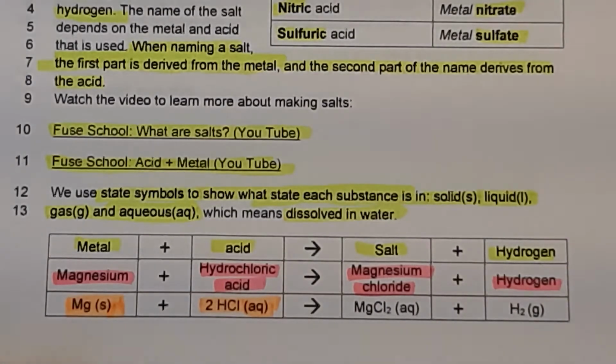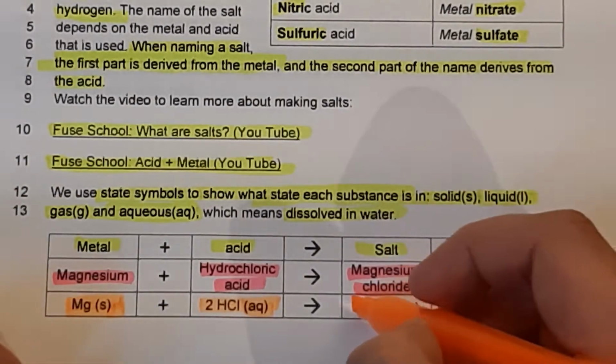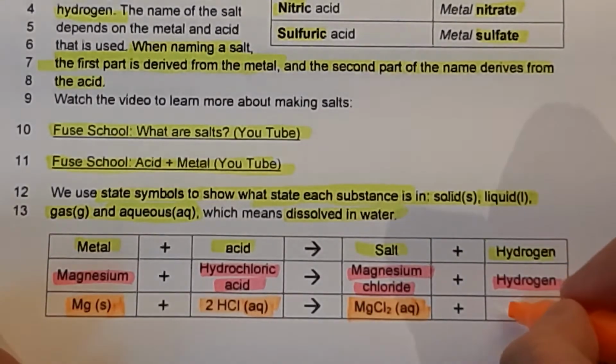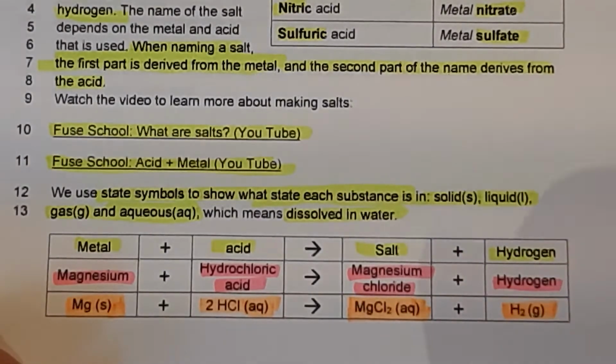Acids need to be dissolved in water, otherwise the hydrogen ions are not released, and therefore it's not acidic. Then the salt, we have magnesium chloride, MgCl2, again aqueous. And lastly, we have hydrogen, H2, which is gas, so that's just hydrogen gas which will bubble off into the atmosphere unless we capture it.